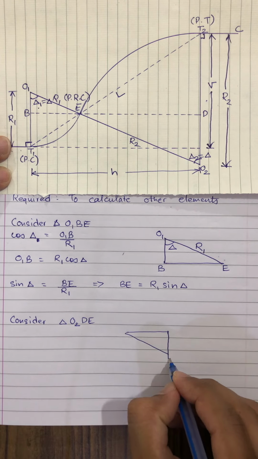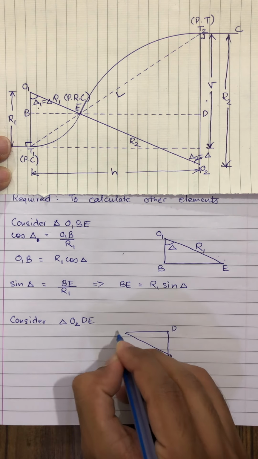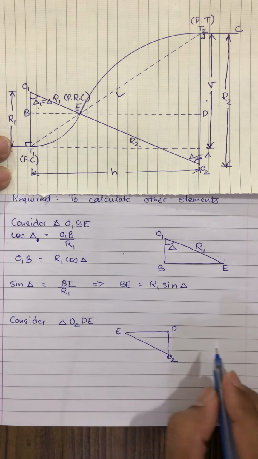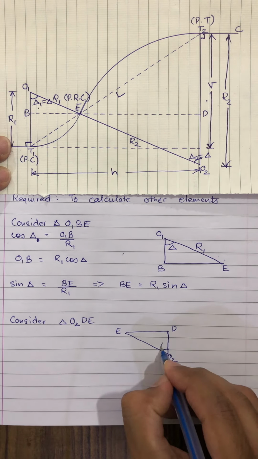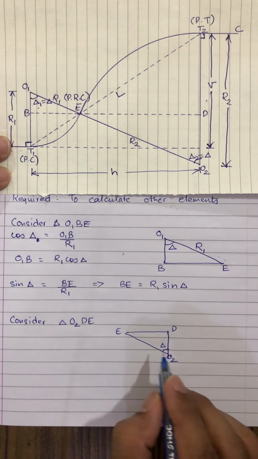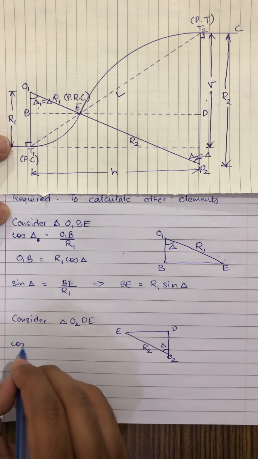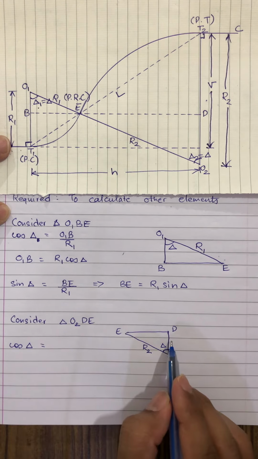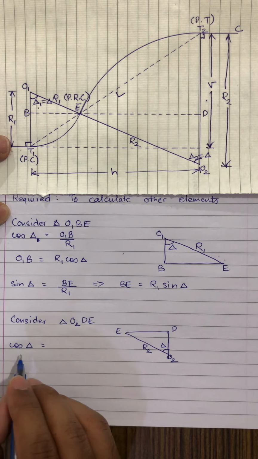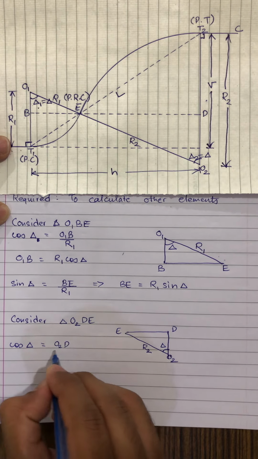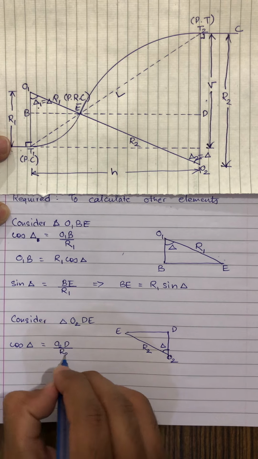This is O2, D and E. Here this angle is given as delta and this is the radius R2. So what will be cos delta? Cos delta will be adjacent upon hypotenuse, that is O2D upon R2.